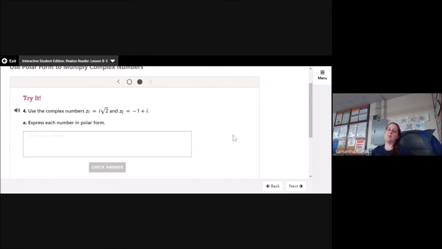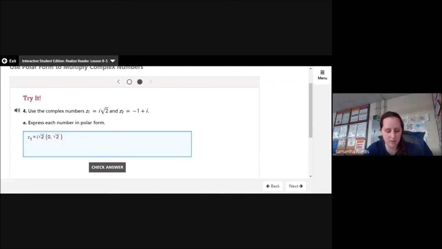All right, let's try it. Use the complex numbers z sub 1 equals i square root of 2 and z sub 2 equals negative 1 plus i. Express each number in polar form. So for z sub 1 equals i square root of 2, really I have 0 and then the square root of 2.